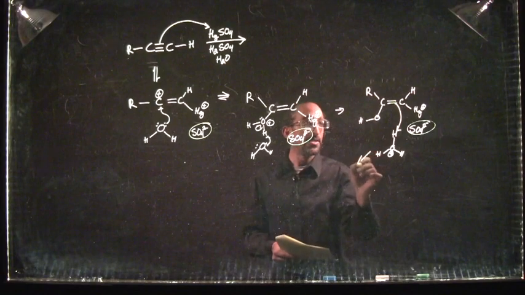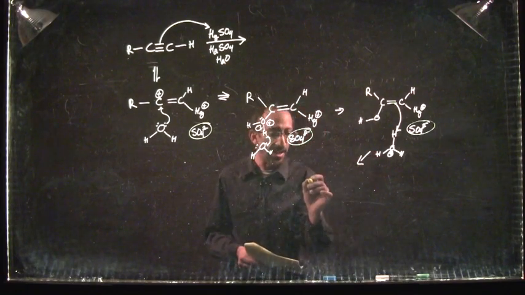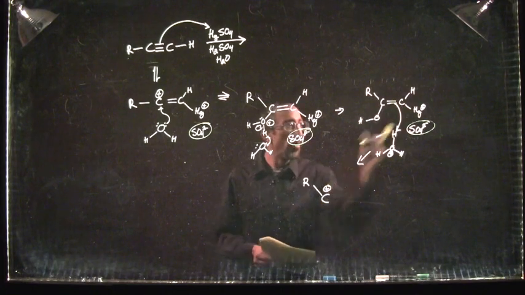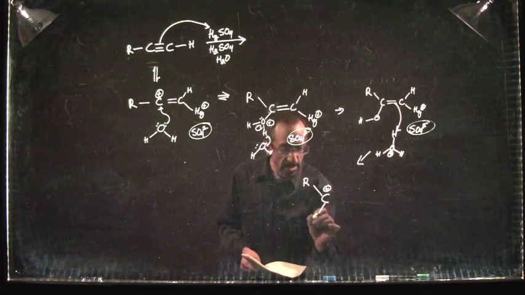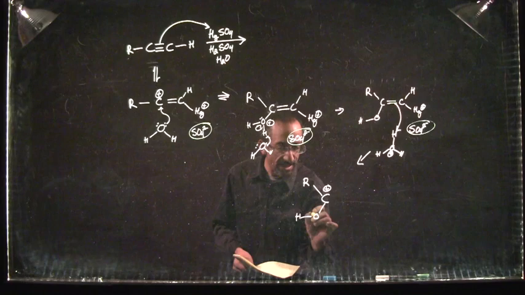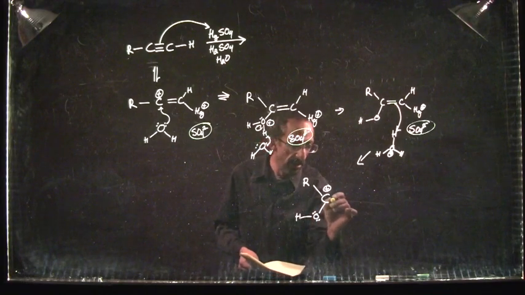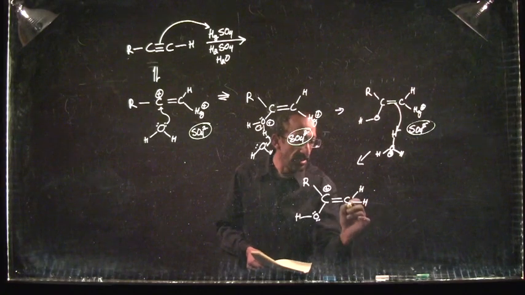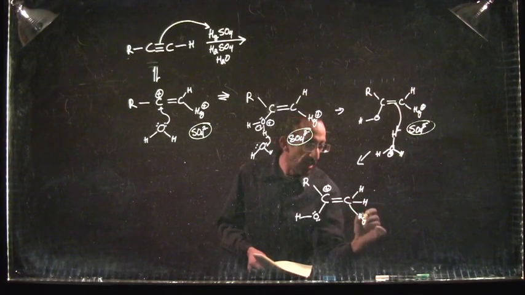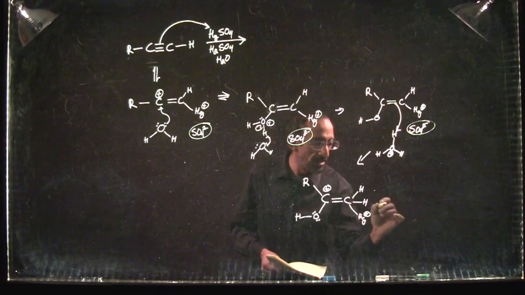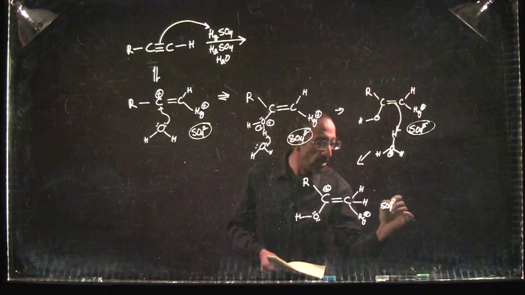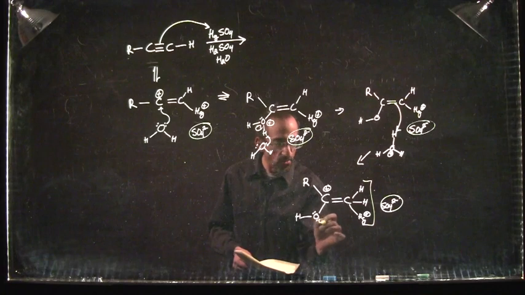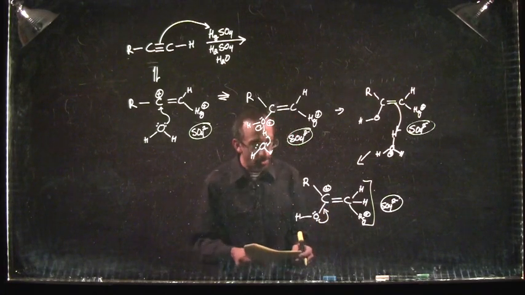When we do this, we generate another carbocation, and the reason that we protonate at the mercury carbon is that we're forming a resonance stabilized carbocation at this point. There's one hydrogen, there's that second hydrogen. We still have our mercury with a formal positive charge, and our SO4 2- balancing everything out for us. This is a resonance stabilized carbocation.